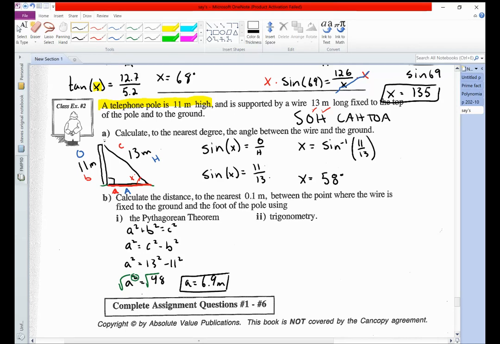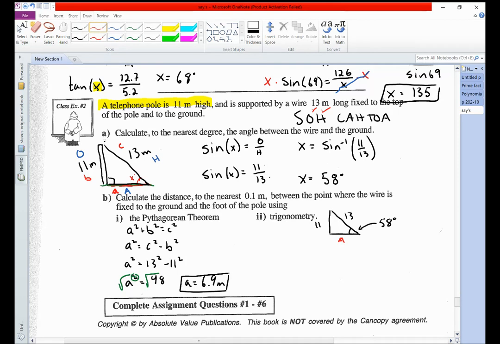We can also use trig to do this, because if we redraw the triangle from the first part of the question, we knew this side was 11, this side was 13, and that angle was 58 degrees. Just drew it a little bit too small there. So we are looking to solve for the adjacent.